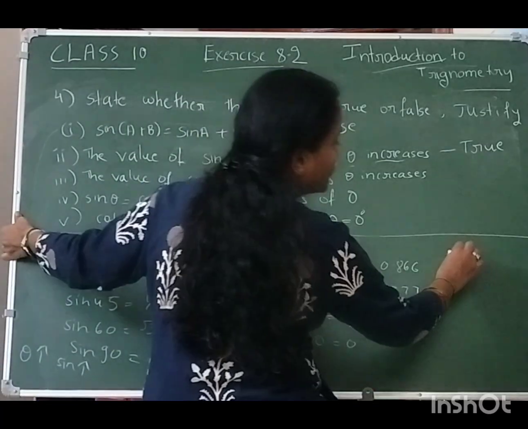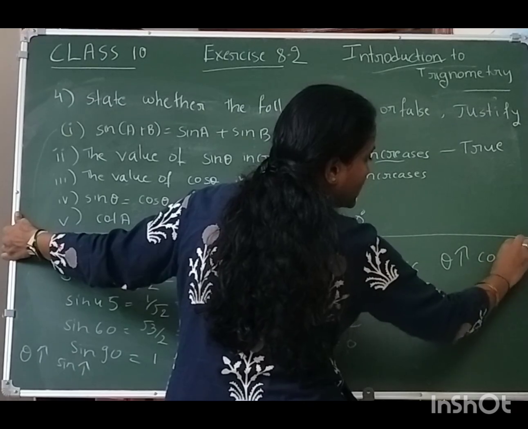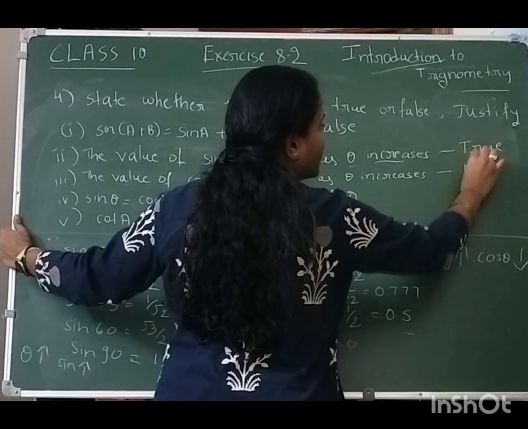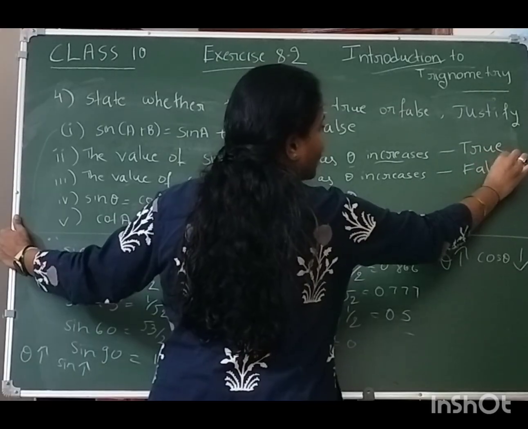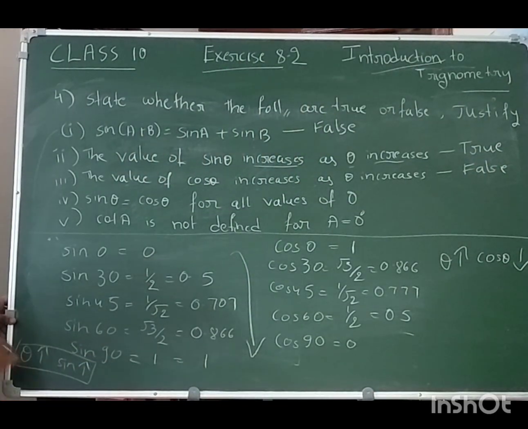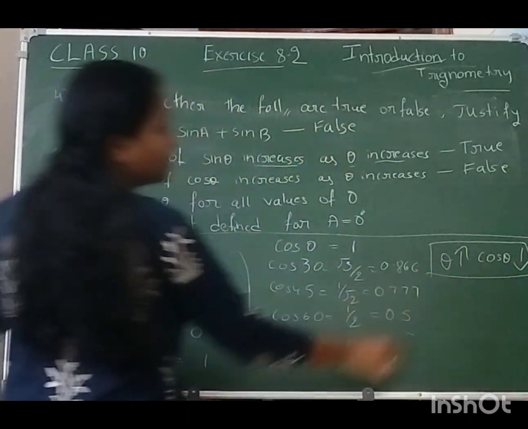So what we observed here is as theta increases, cos theta decreases. So the given statement is false. One thing we have to remember is as theta increases, sin theta increases, and as theta increases, cos theta decreases.